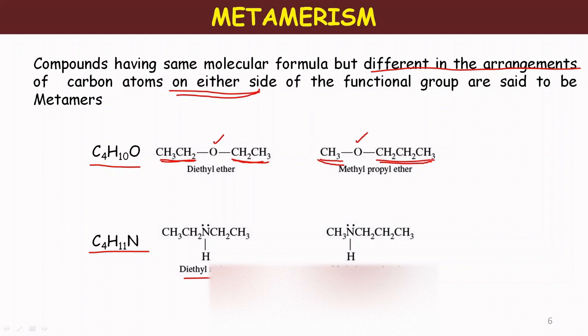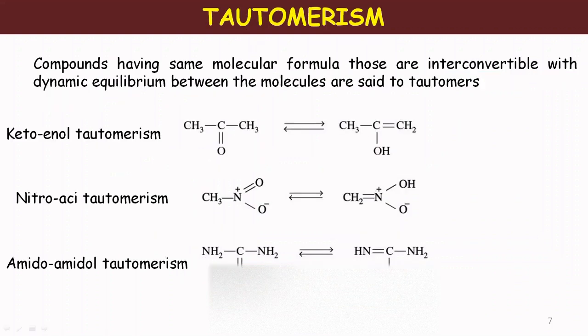Okay, let's move on to the next classification of structural isomerism, that is tautomerism. Compounds having the same molecular formula that are interconvertible, with the existence of a dynamic equilibrium between the molecules, are called tautomers, and the phenomenon is known as tautomerism.